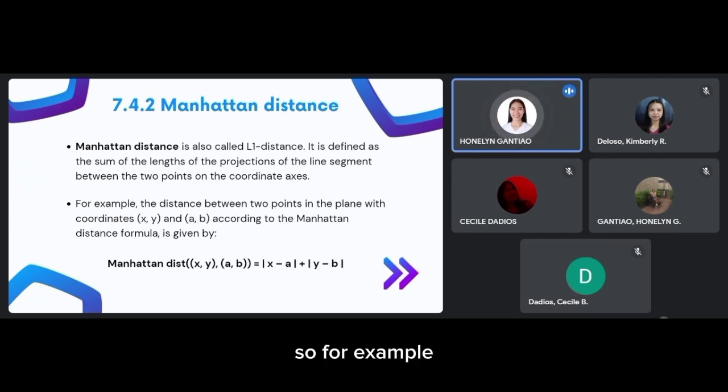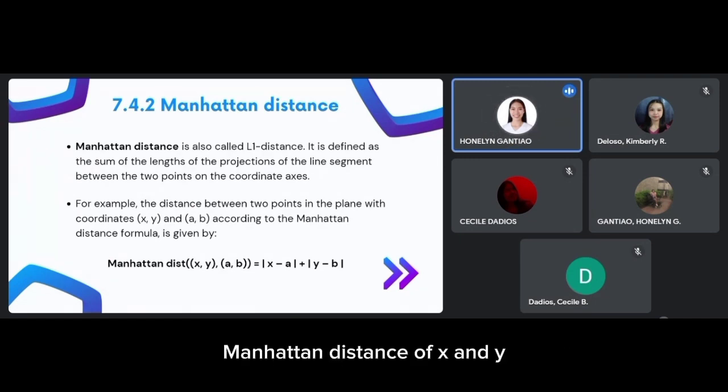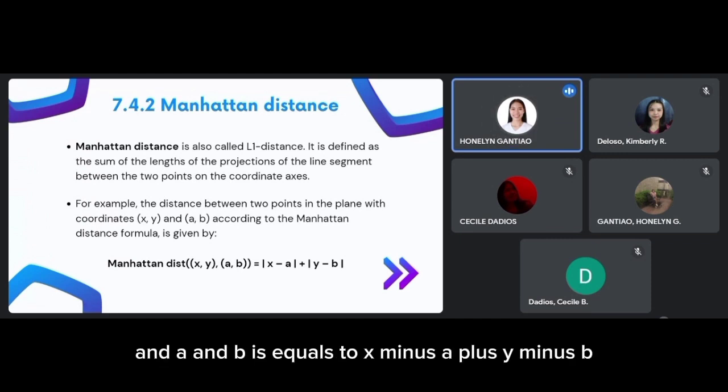For the distance between two points in the plane with coordinates (x, y) and (a, b), the Manhattan distance formula is: the absolute value of x minus a plus the absolute value of y minus b.